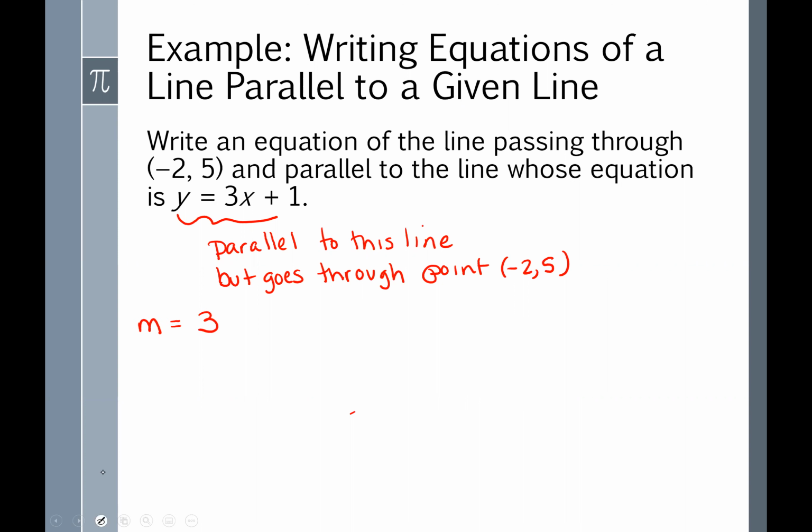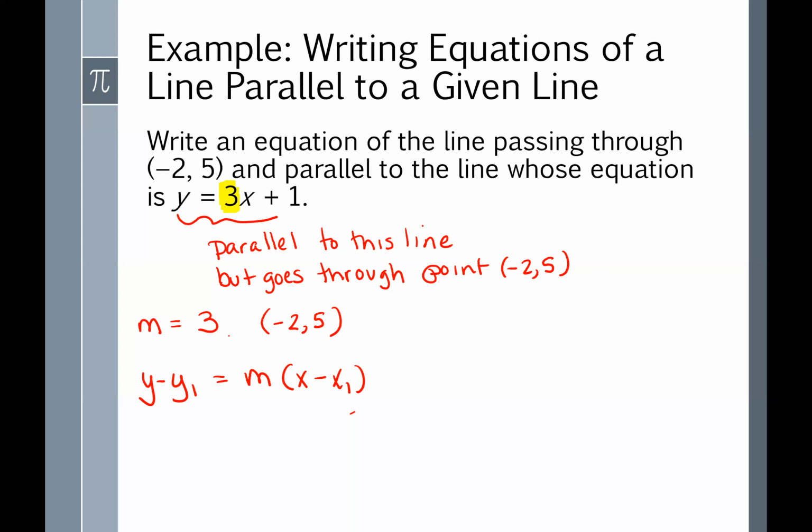The slope of a line parallel to this one will have the same slope. So the slope is 3, and it goes through the point -2, 5. Now we're just going to use point slope form to find the equation of the line. So y minus y1 is equal to m times x minus x1.